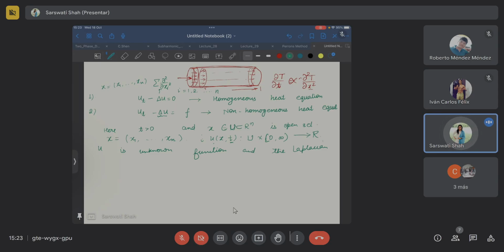So the Laplacian of u, that is nabla squared u, is taken with respect to the space variable x, that is, Laplacian of u equals the summation i varying from 1 to n of del 2 u over del x_i squared.